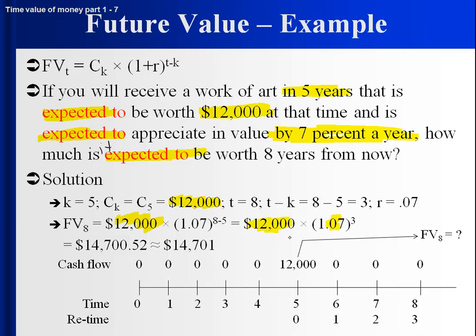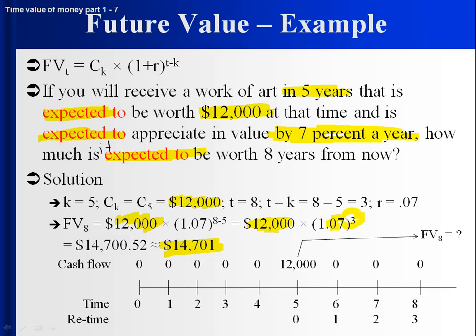So it's 12,000 times 1.07 to the third, and we expect it to be worth 14,701. So this, in many ways, is a more realistic problem because we don't know how much it would be worth in 5 years, and we don't know what the art market's going to do. We use our best guess, we use those expected values, and you can see the analysis leads to the same result. In the previous case we knew that it would be worth 14,701. Here that's what we expected.